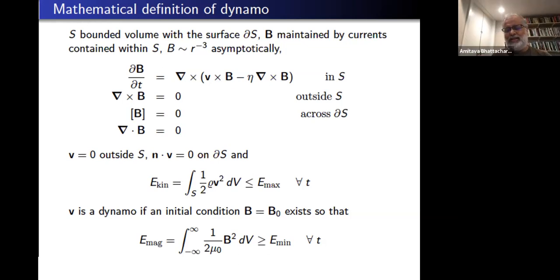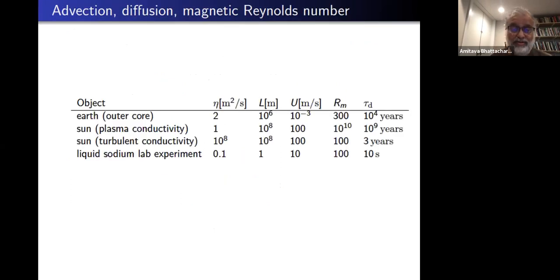So as I said, there are some cases where you can in fact argue that what you are seeing could actually be primordial. If you look at the plasma resistivity question, even for the sun, the RM is 10 to the power 10 and the diffusion time is 10 to the power 9.